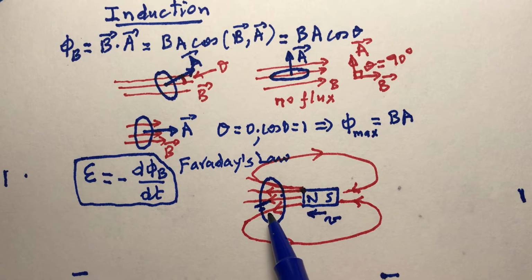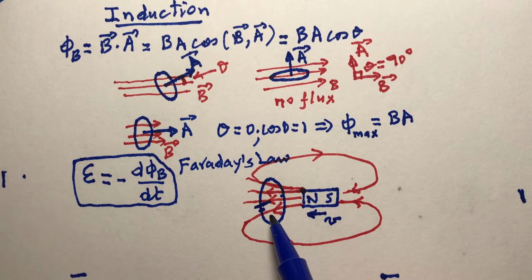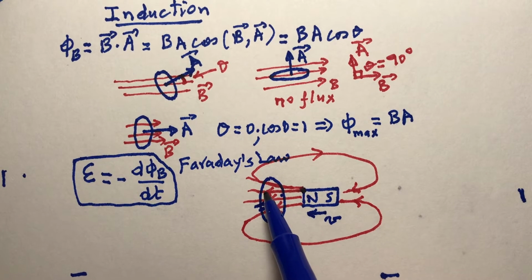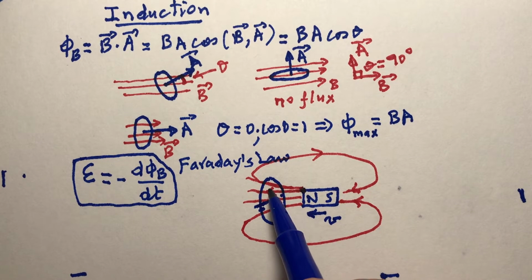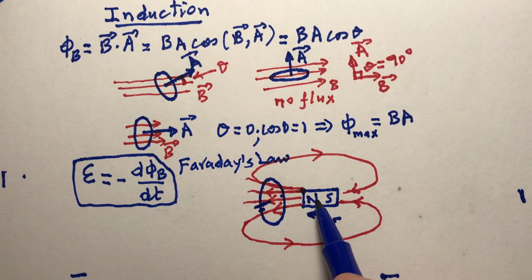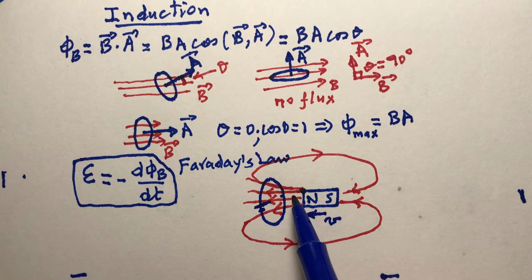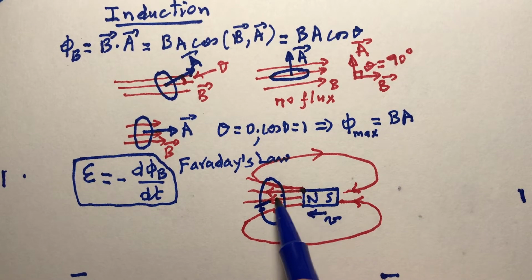So what's gonna happen? The current in the loop is gonna go in a certain direction for the loop to create another magnetic field that will oppose this magnetic field that's coming in. You see this red magnetic field is increasing.